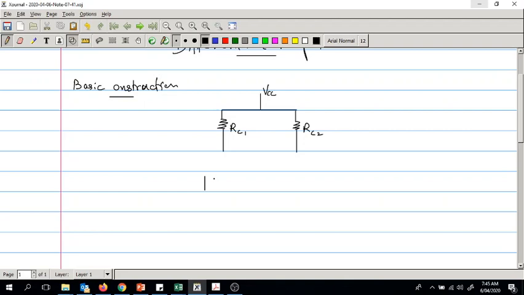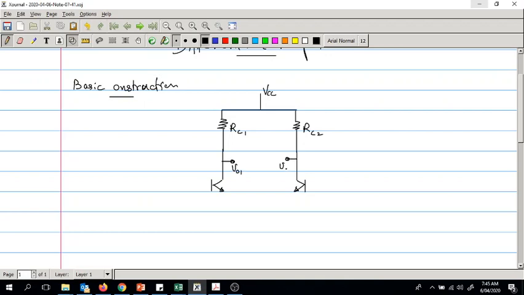So you have a transistor here, two transistor stages, and another transistor here. So this is one side, that's one side, and therefore this is V out 1 and this becomes V out 2.